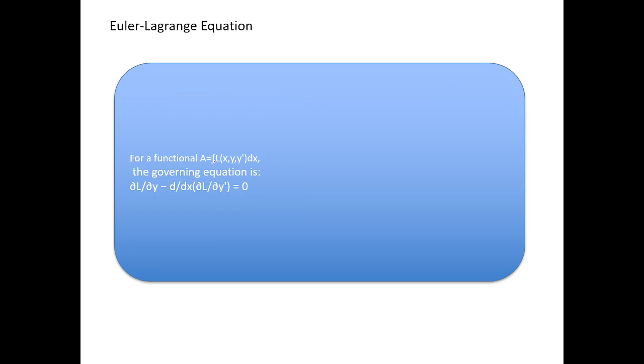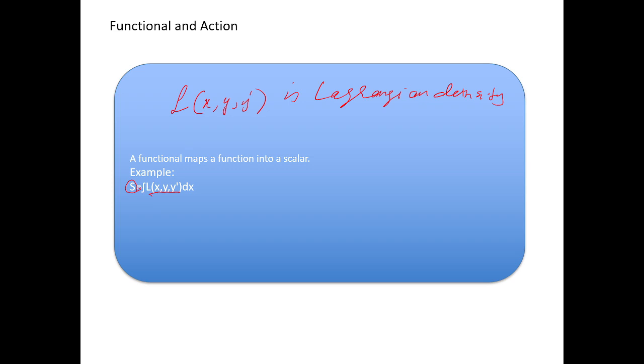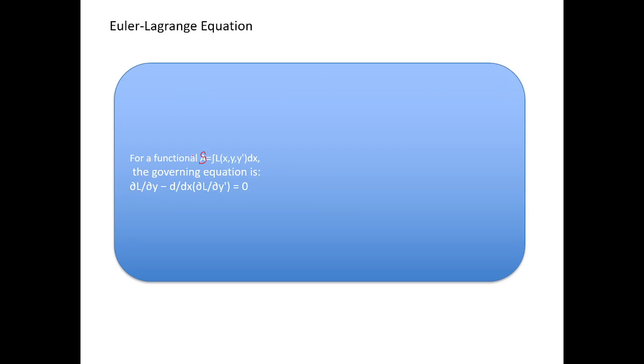For a functional, this is in fact the S, the same S as in the previous one. Somewhere it is written S and somewhere A, but I am keeping it S. For the functional, the governing equations are called the Euler-Lagrange equations.